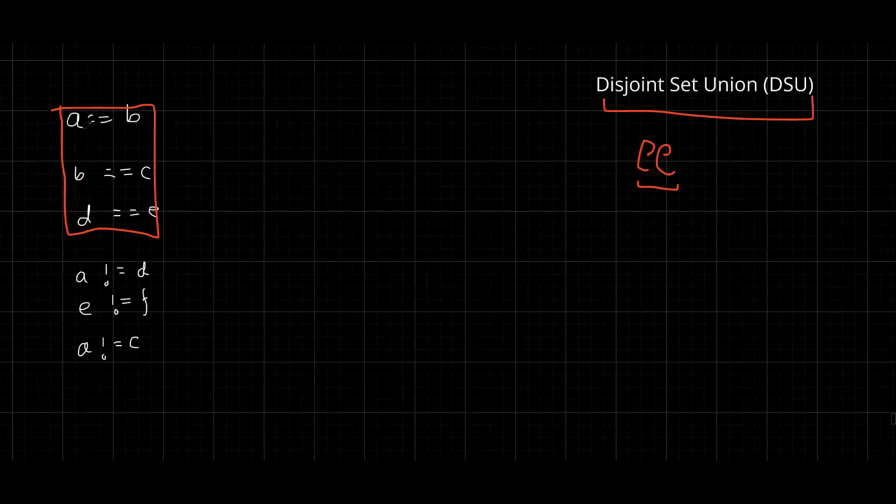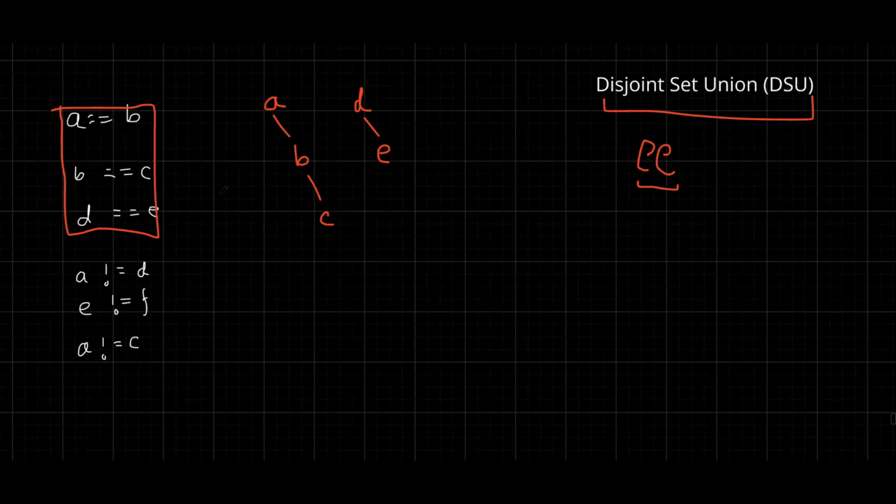Suppose A is equal to B, that means A is connected to B. B is equal to C, that means B is connected to C. And D is equal to E, that means D is connected to E. So here, these are the two components. In the first component, there are 3 variables A, B, C. In the second component, there are 2 variables D and E.